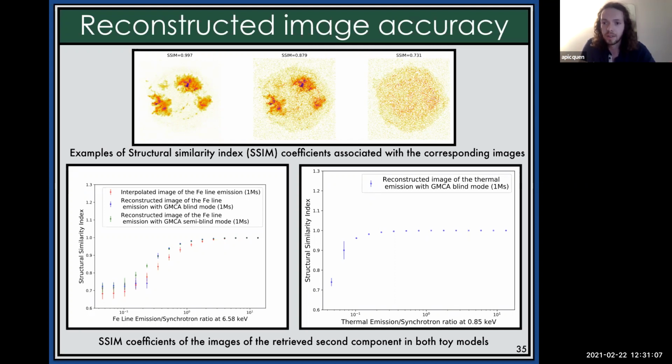between 2 images. So as there are correlations in the noise, here a 0.7 means that the 2 images are very different. When the SSIM is 1, it means that the retrieved image is completely similar to the image that was inside of the toy model. When it's 0.7, it just means that it's very different.